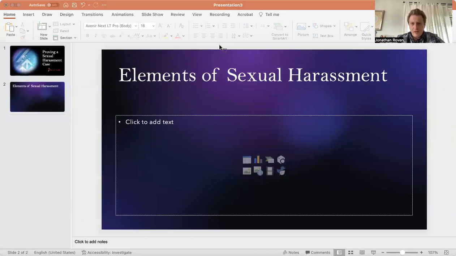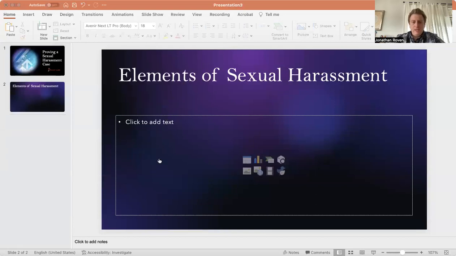And these elements are under what's called the Fair Employment and Housing Act of California. That is the governing code in terms of what constitutes sexual harassment.